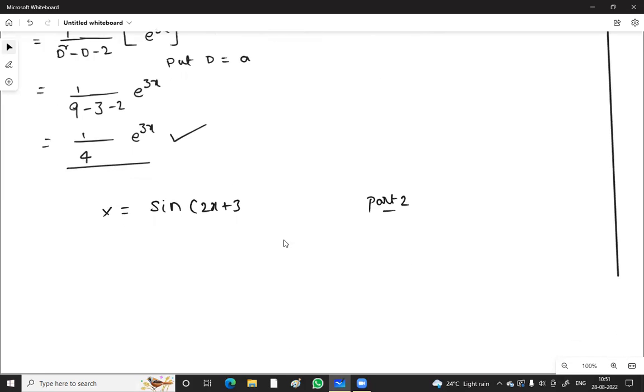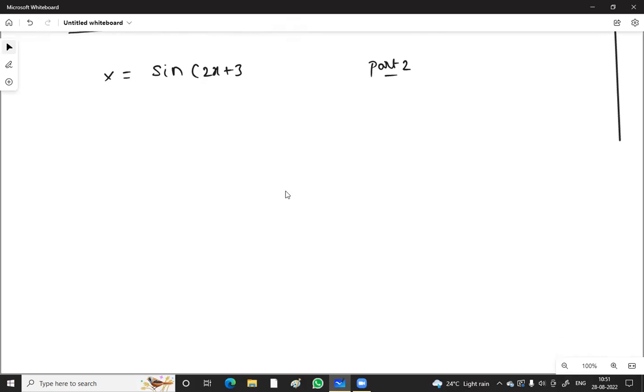So, how to solve this one? 1 over f of d. F of d means what? D square minus d minus 2 operating on sine 2x plus 3.